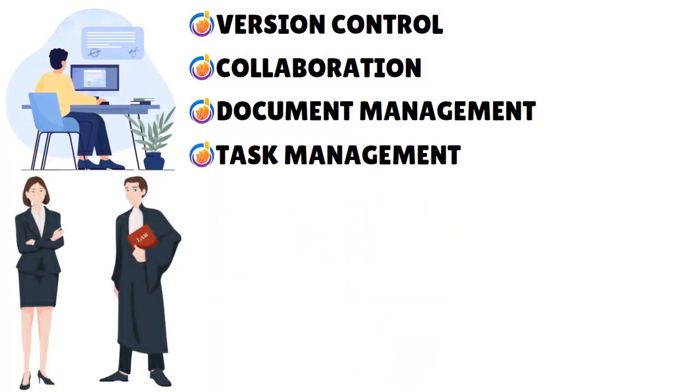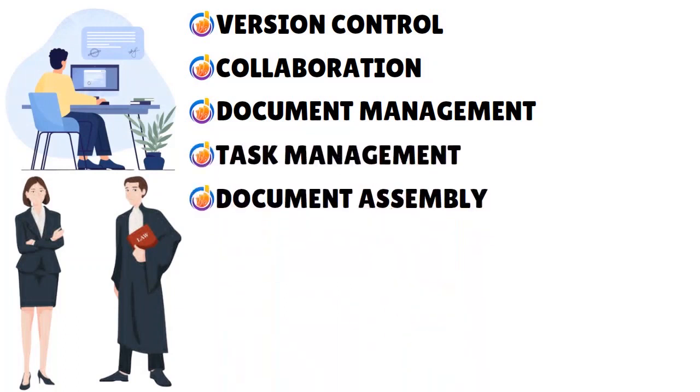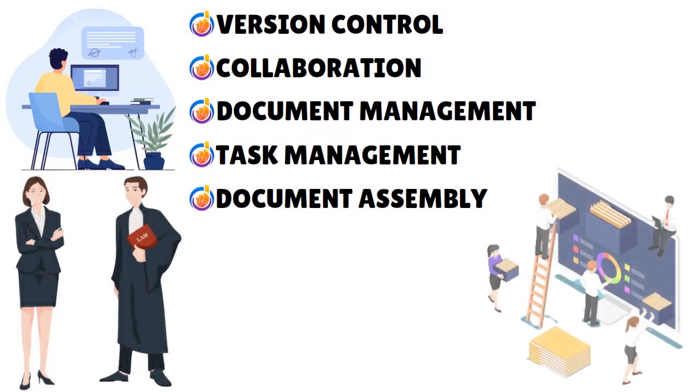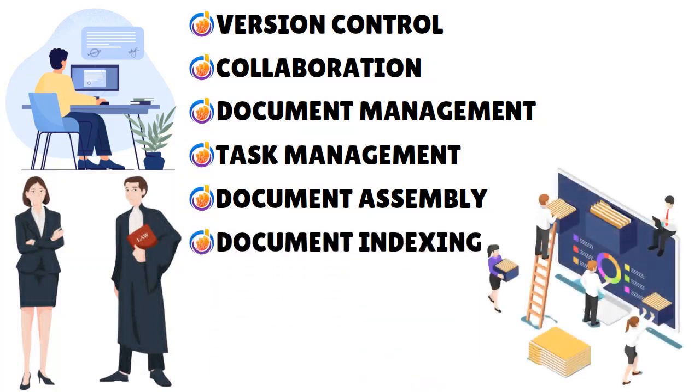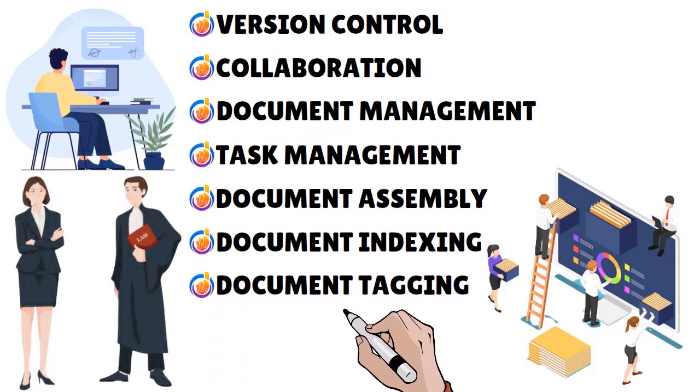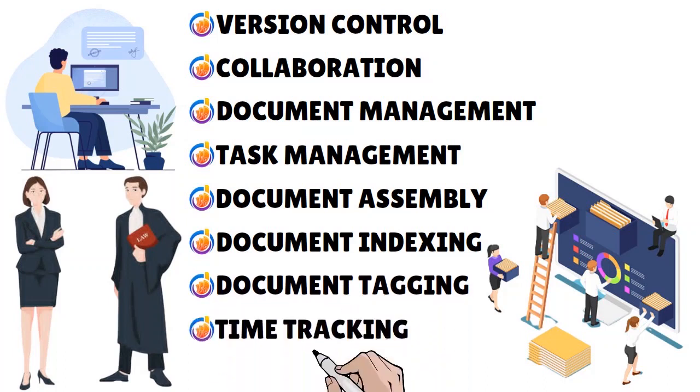You have task management also. You have document assembly. Document assembly is kind of cool, especially when it comes to what we call jurisdictional evidence gathering, if you will. You also have document indexing. This is an important element also when it comes to evidence gathering. You also have document tagging. This is another great tool that we love a lot. And time tracking, of course, is kind of important.